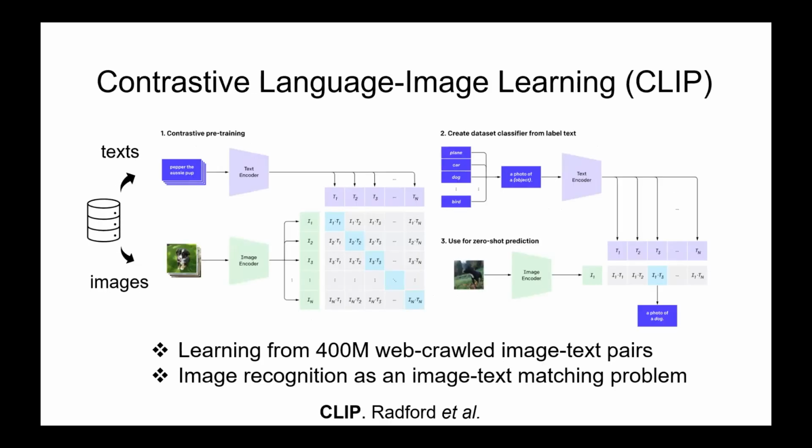Let's first recap what the contrastive language-image pre-training proposed by OpenAI is. As you can see here, it takes a large amount of image-text pairs, up to 400 million, crawled from the internet. It then maps the image and the text to embeddings with randomly initialized visual and text encoders.